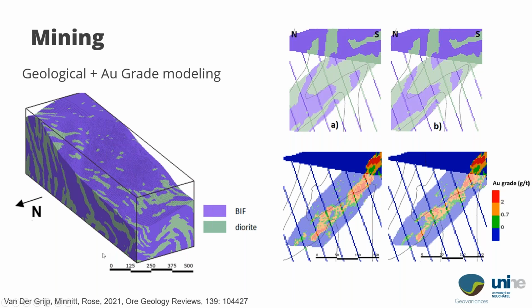And what is really nice in this example is that in this paper that they published, they used the orientation of the structure, the geological structure that they derived from the observation in the boreholes and in the tunnels everywhere, where they have the information about the folding and etc. They interpolated this orientation, and then they made a very simple training image with just a layered system with an alternation of diorite and banded iron formation.